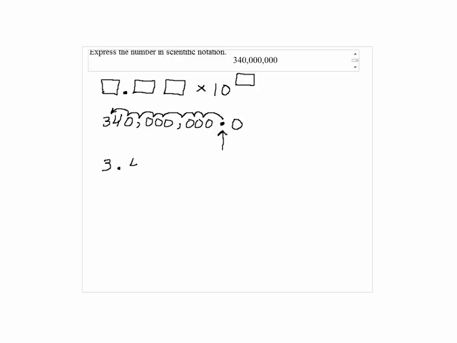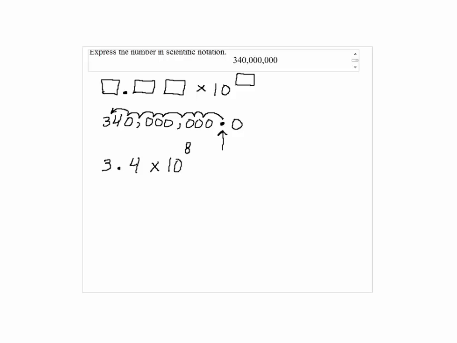So we would get 3, decimal point, and then we have 4, times 10 to the power of, again we're moving this 1, 2, 3, 4, 5, 6, 7, 8. So that must be plus 8 or minus 8.